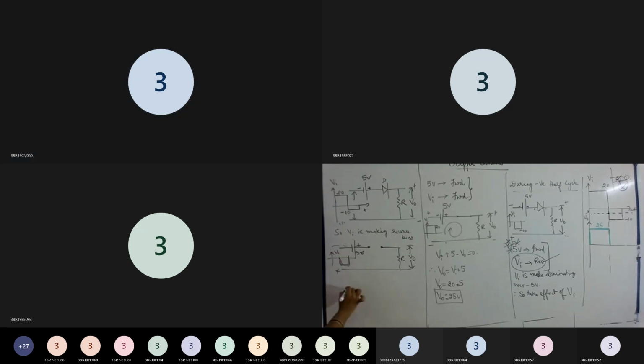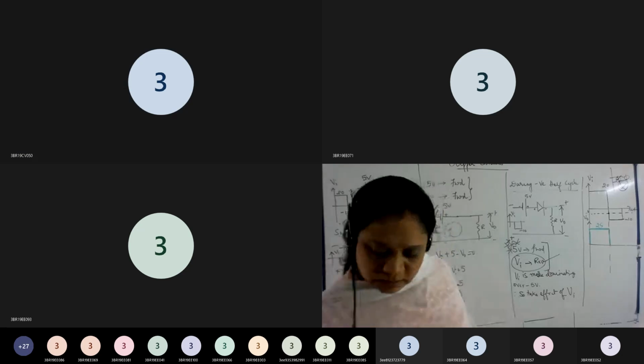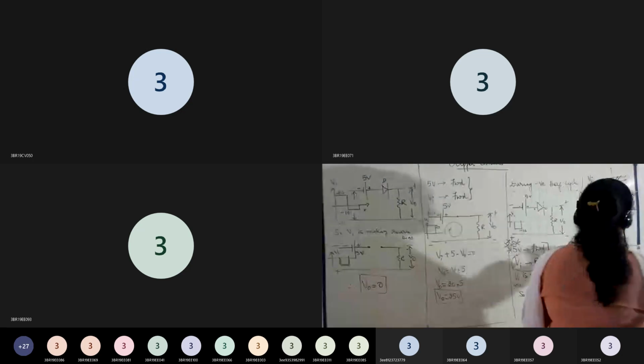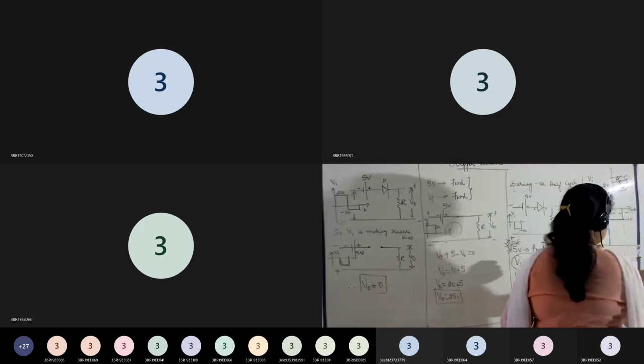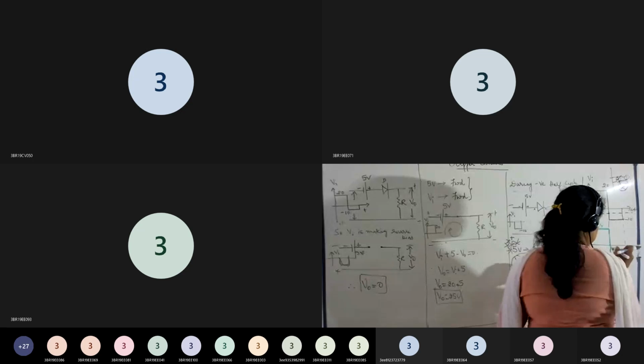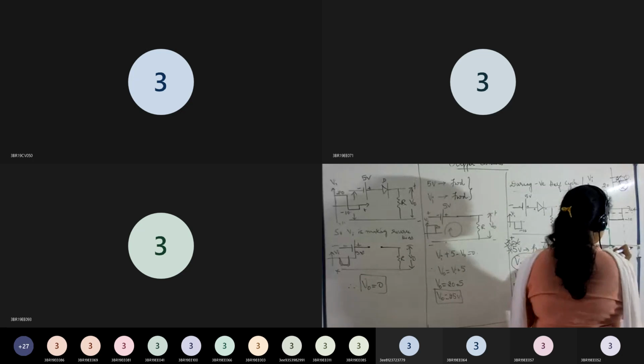This is Vi. Therefore, what is V naught? Open circuit, so V naught will be 0. Therefore, what is V naught during the negative half cycle? V naught will be 0 only. Only this waveform you are going to get.